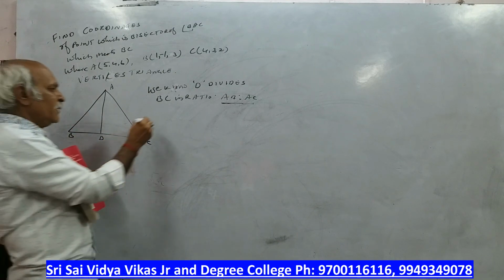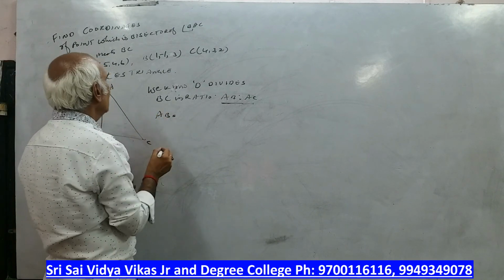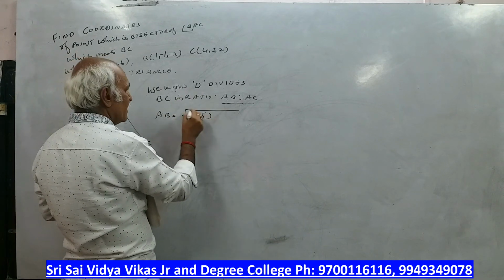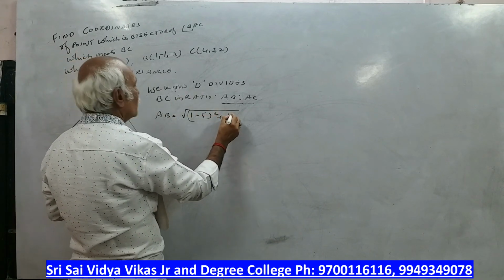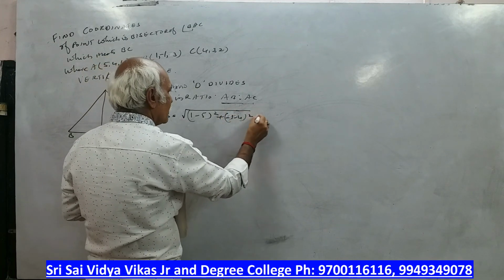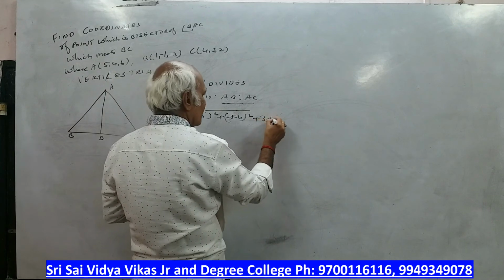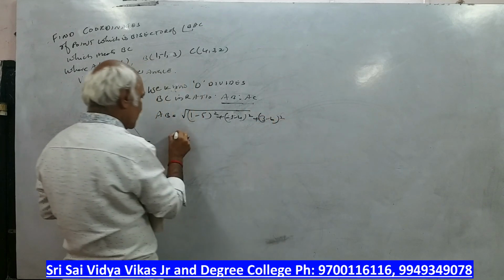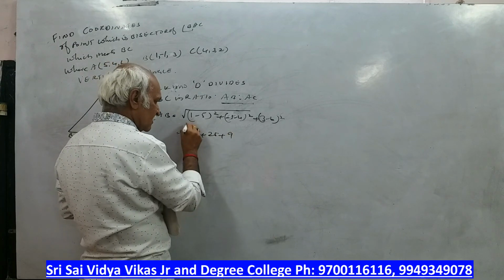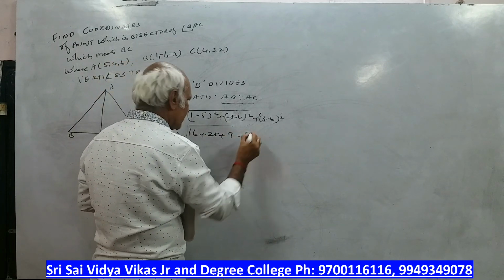So we have to find AB first. AB is the distance between A and B: 1 minus 5 whole square plus minus 1 minus 4 whole square plus 3 minus 6 whole square. So this becomes 16 plus 25 plus 9, so root 50.